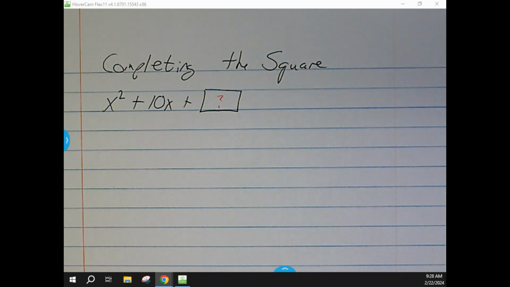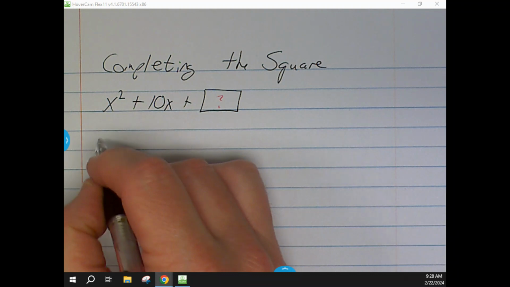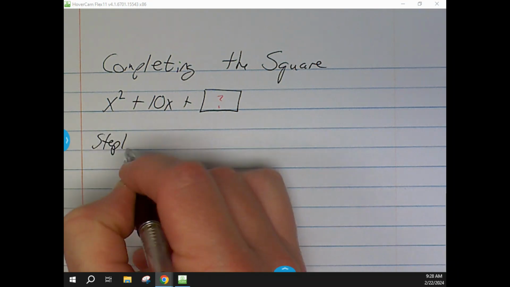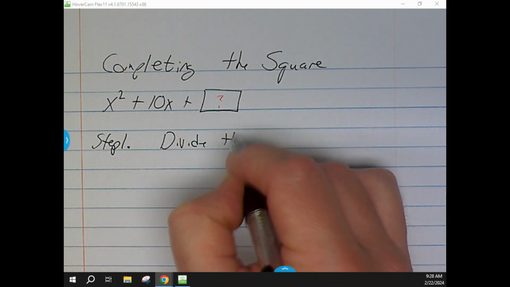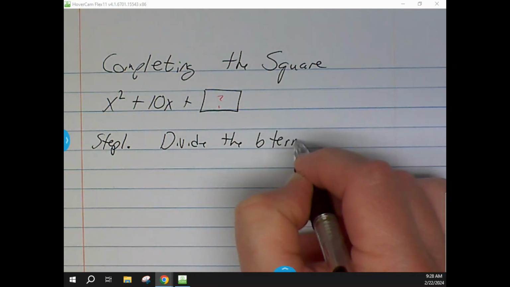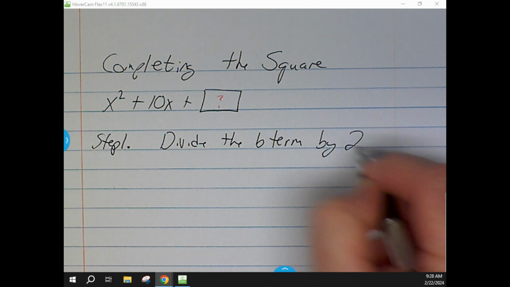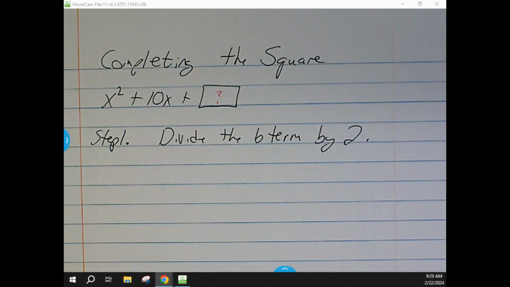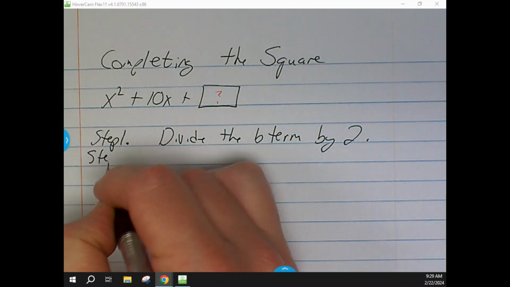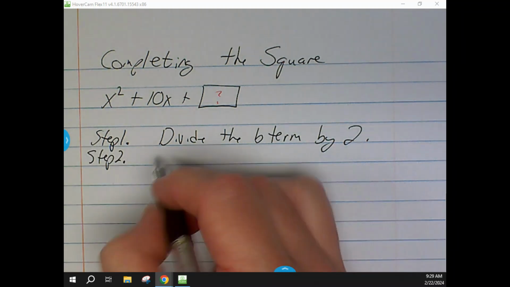To complete the square, you're going to do basically 2 steps. Step 1, you divide the b term by 2. Step 2, you square that answer.